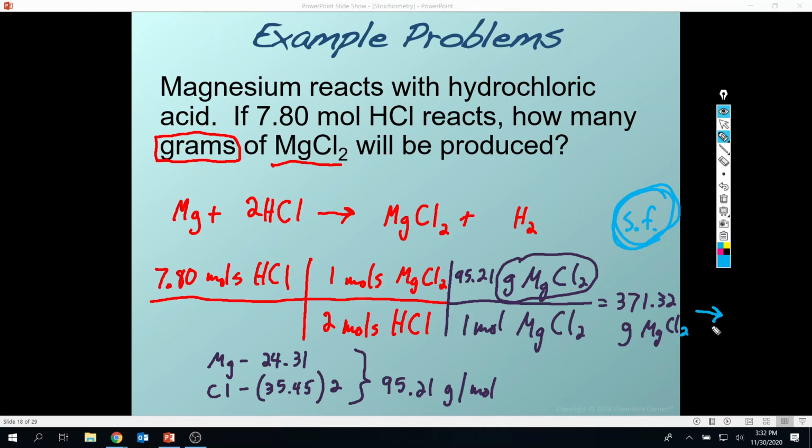Oh, so okay, so it'd be 371.3. 371. You got to go with the smallest one. Hey, that's okay. What an opportunity to refresh and be dominant on them now. All right, and so that would be 371.